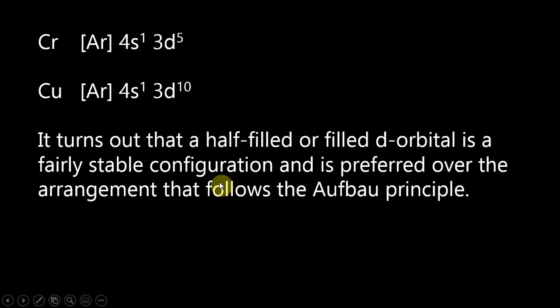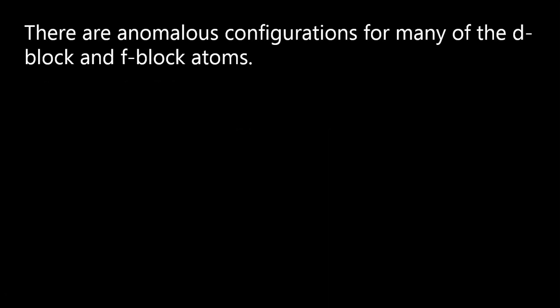All right. So what we see in most of these anomalies is there is actually a reason behind them. Practically speaking, these half-filled d orbitals or even s orbitals tend to give a little bit more stability to the atom overall, and so it's preferred over the other arrangement.